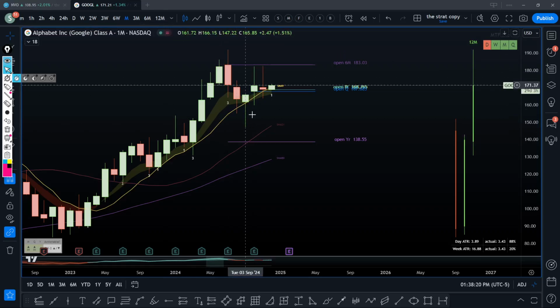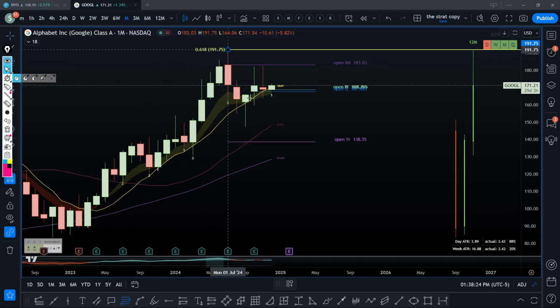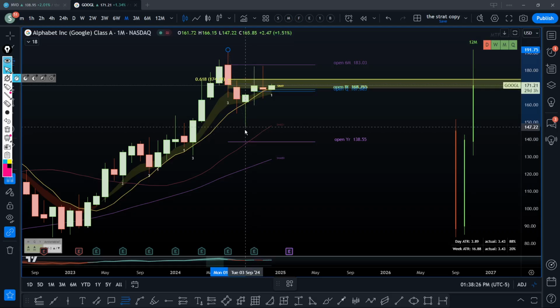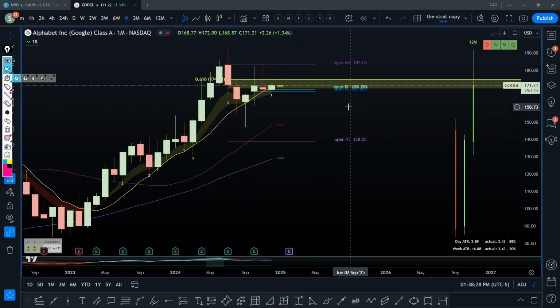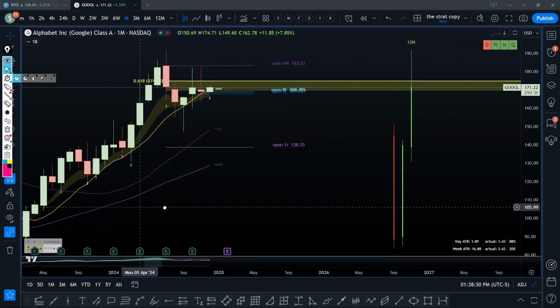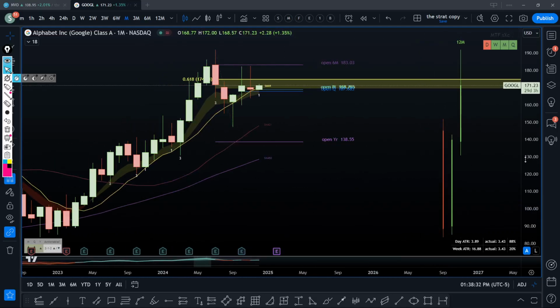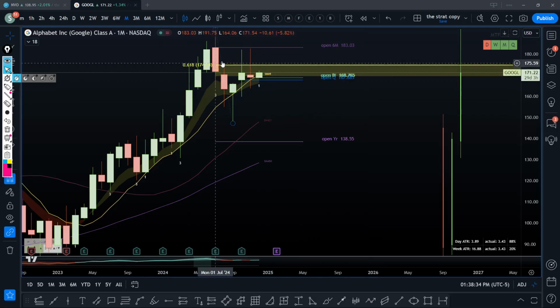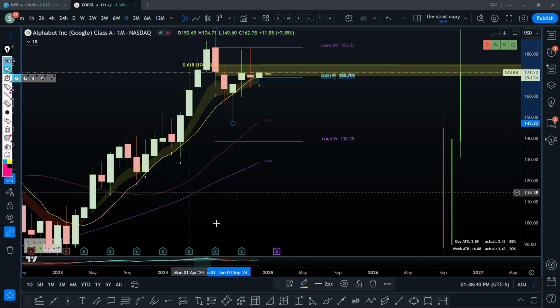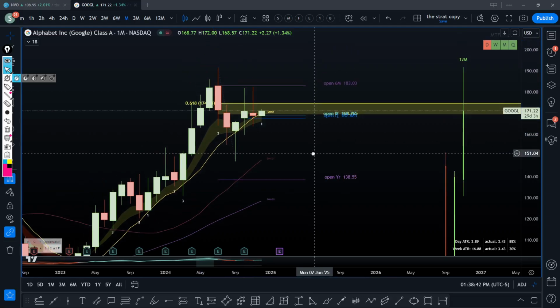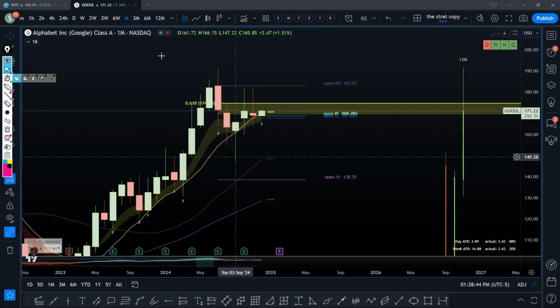Looking at this swing high to swing low, I would want to see it above 174. I can't see what that number is. 174-ish, 174.75-ish. Looking at that on the monthly time frame.